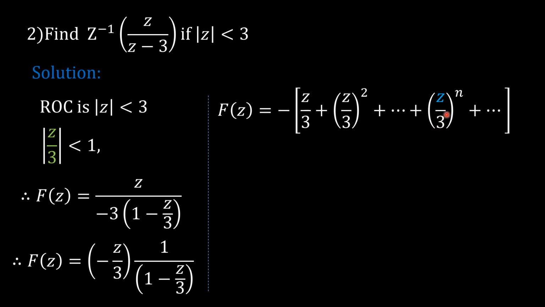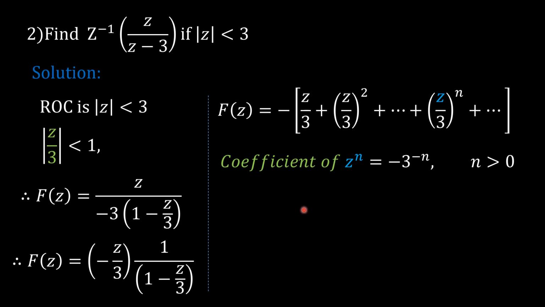So here we will be having the term z by 3 raised to n. From this we will be getting coefficient of z raised to n is equal to minus 3 raised to minus n for n strictly greater than 0, because as there is no constant term, n is starting from 1.